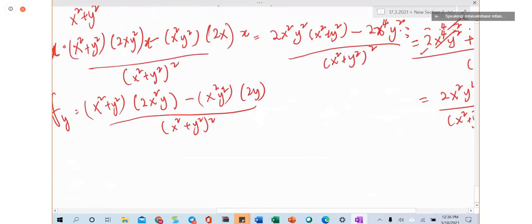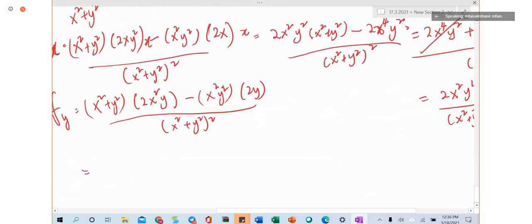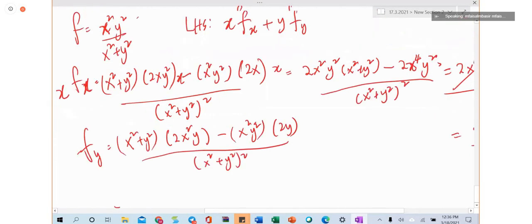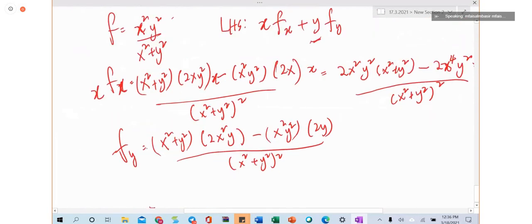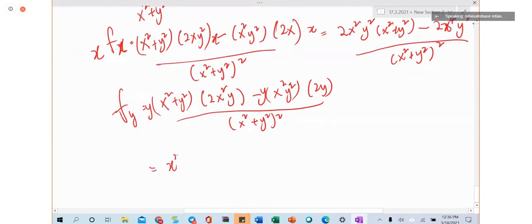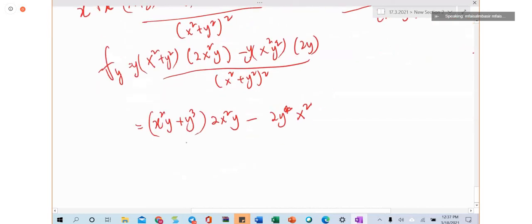So how about this? Okay, for this, I have to make y times y. So y here, y here. This is x squared y plus y cubed. Oh, we have another. Okay. 2x squared y is 2y squared, y power 4, x power 2. Okay, then we have x squared plus y squared.